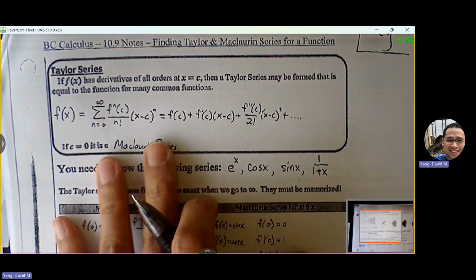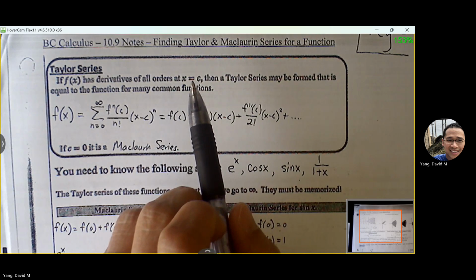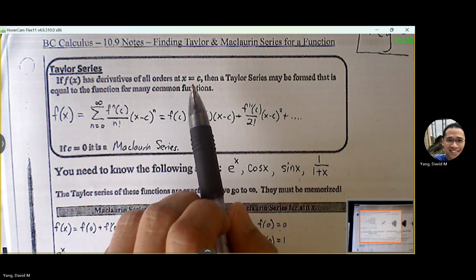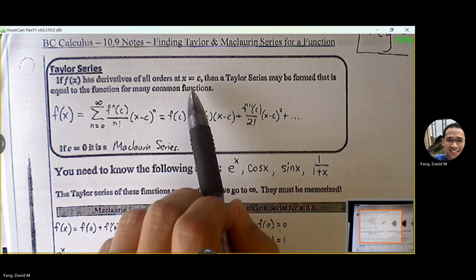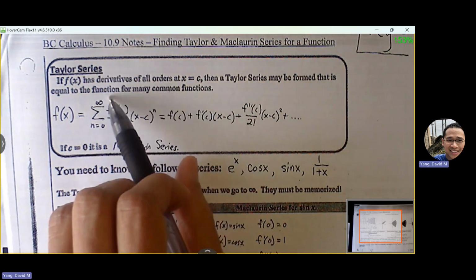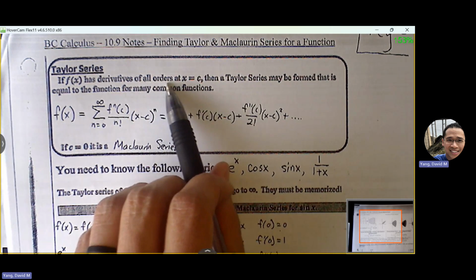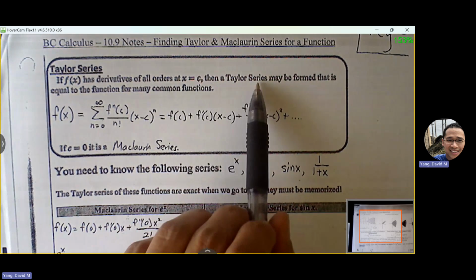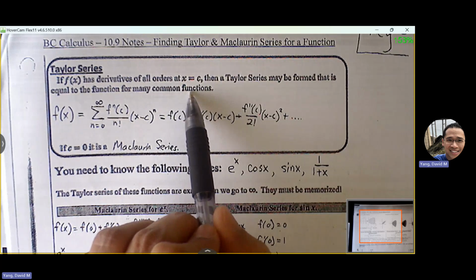All right, so if a function has derivatives of all orders at x equals c, then a Taylor series may be formed that is equal to the function for many common functions.